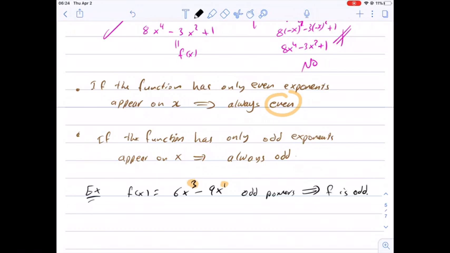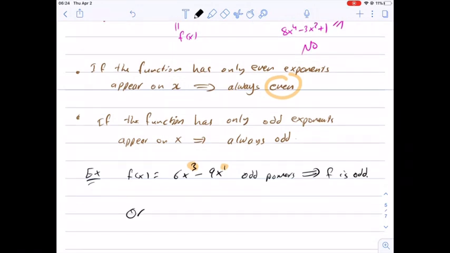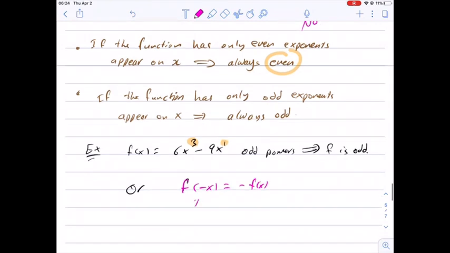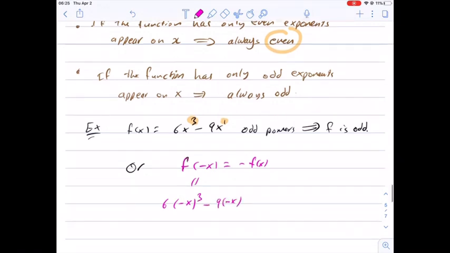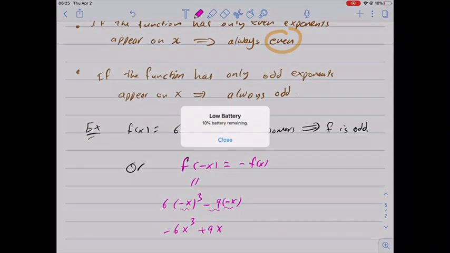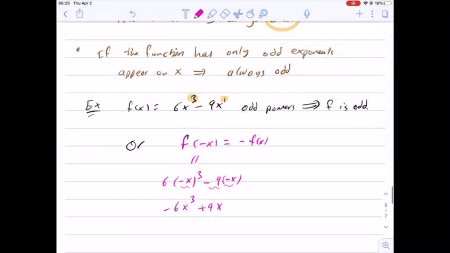That means the function is odd. And actually we can use the rule. The rule says f of negative x is negative f of x. So let's substitute negative x. 6 times negative x cubed minus 9 times negative x. Now negative x cubed is negative x cubed, so times 6 is negative 6x cubed. Now negative 9 times negative x is positive 9x.